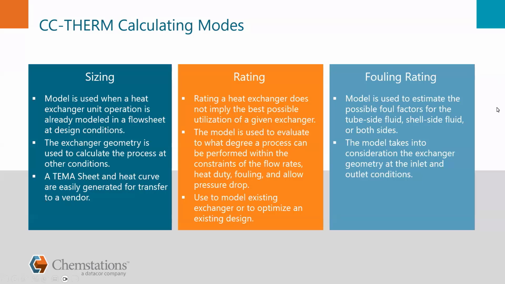And fouling rating actually allows us to consider fouling. Every process that we put through a heat exchanger will foul over time. And heat exchangers will need some cleaning depending on what is going through them.